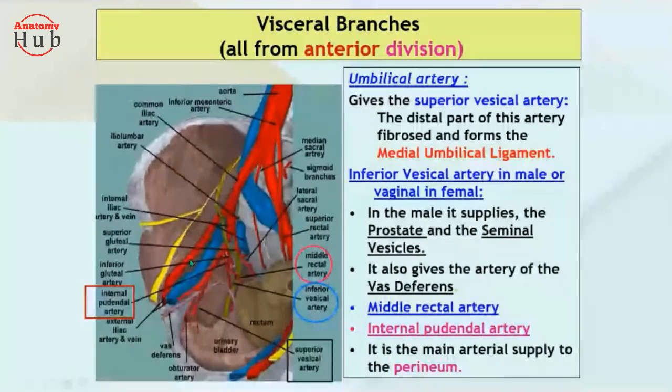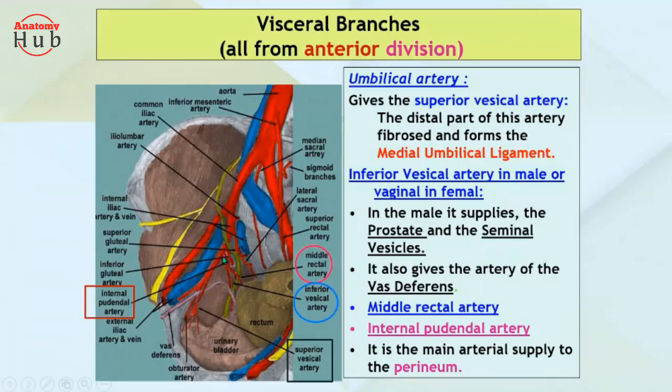Now here you'll see this is your internal iliac artery, right? This internal iliac artery divides into an anterior branch and a posterior branch. So in this way, from this posterior branch you will find the superior gluteal artery, and you will find the lateral sacral artery.